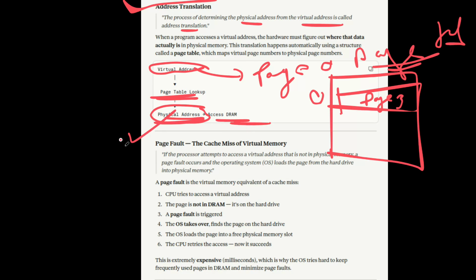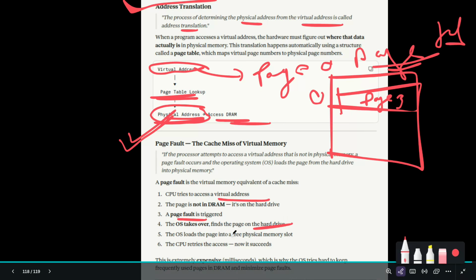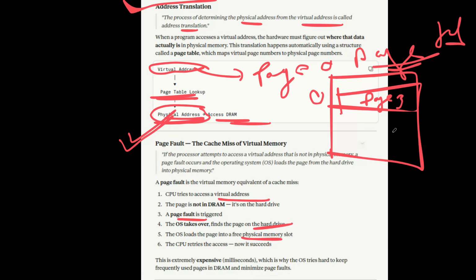Now page fault means what? Page fault is like a page miss. The CPU is trying to access a virtual address, but that page is not present in DRAM. It's on the hard drive, let's say. So a page fault would happen. The OS takes over, finds the page on the hard drive, and loads that page into a free physical memory slot. Just like in the cache, if the data is not there in the cache, then we have to go and check the main memory and load it into the cache.